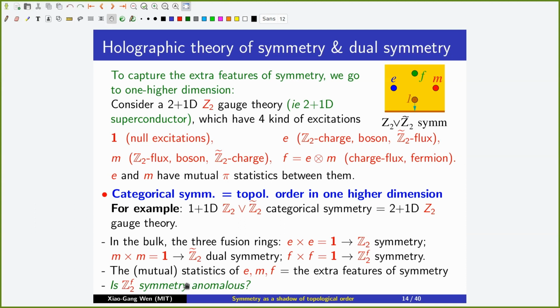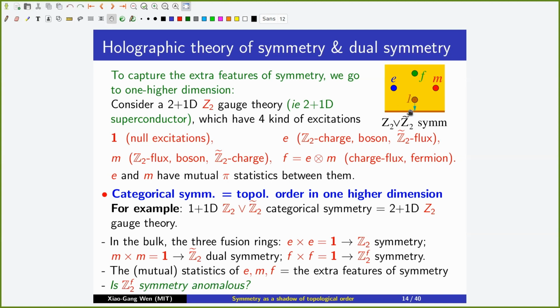But we are doing a one-dimensional theory. In one dimension, the standard theory says there is no anomalous Z2 symmetry in one dimension. So this reflects that our previous understanding of anomaly is kind of limited. We understand anomaly in some way.